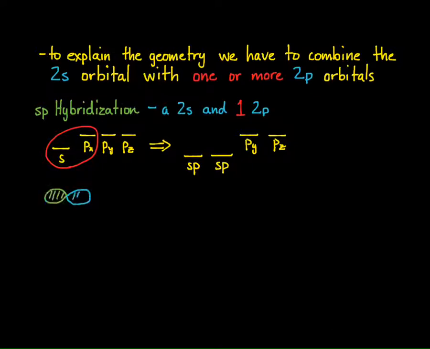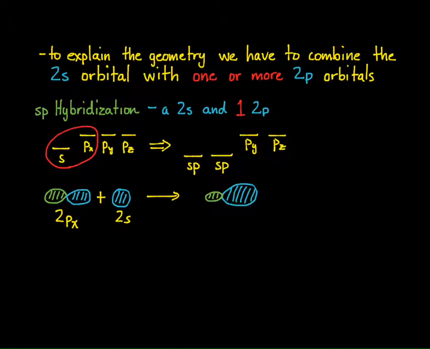Well, if we go back to that picture of a p orbital, so here is my 2px orbital, and I combine it with a 2s orbital. Remember, I can combine orbitals either in an addition way or a subtraction way. So if I first add the two orbitals together, I get a structure that almost looks like a lopsided p orbital, right?